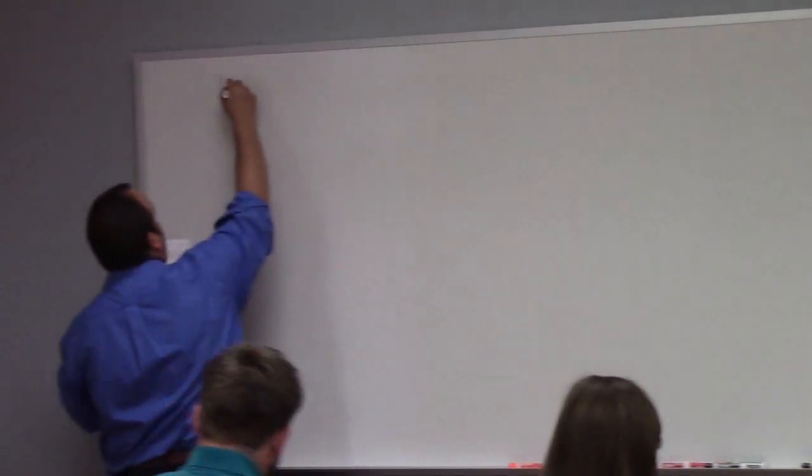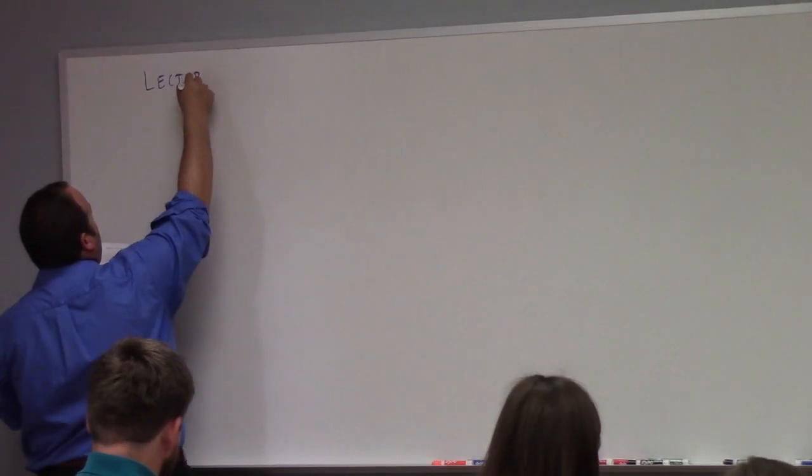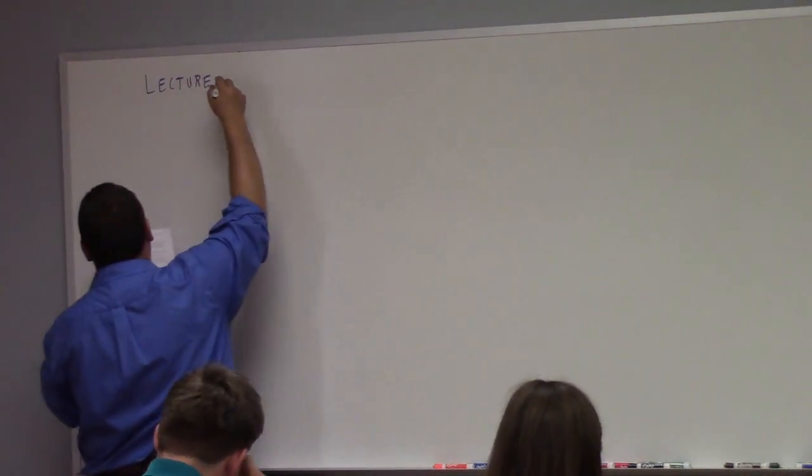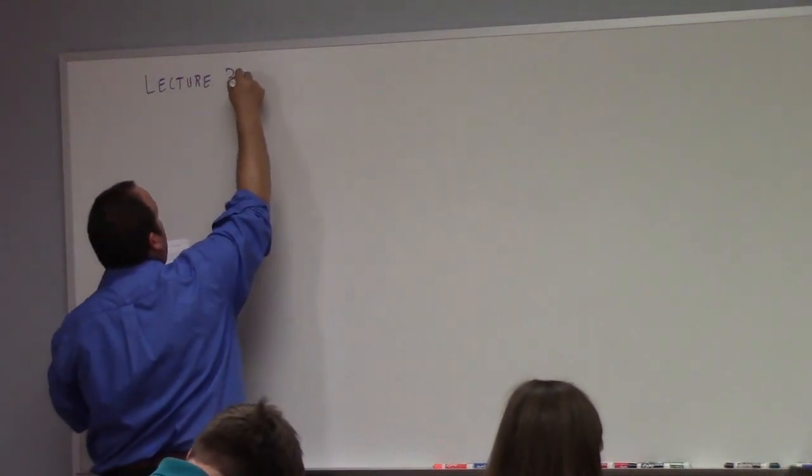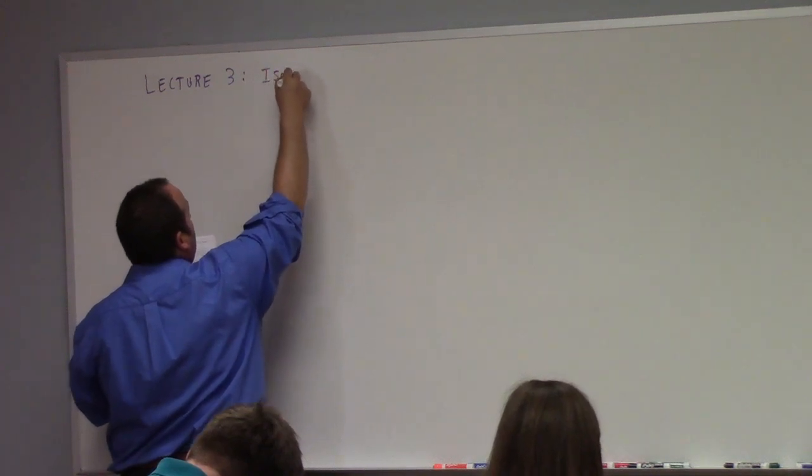Amen. All right, so today, of course, is lecture 3. And I have the privilege of sharing with you today one of the central ideas of this course, which is isomorphism.